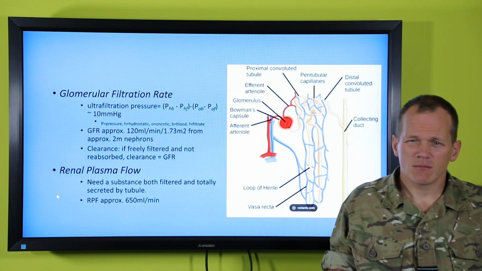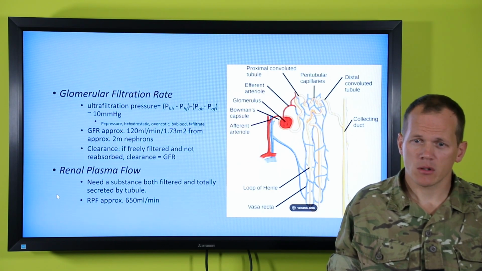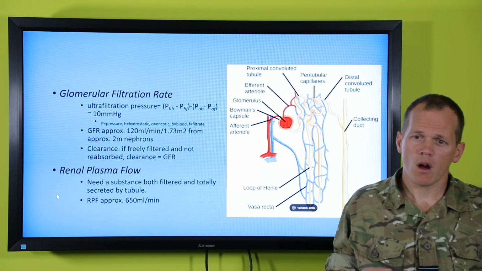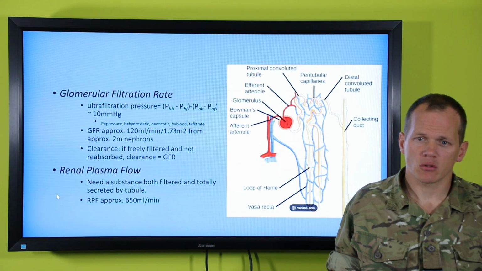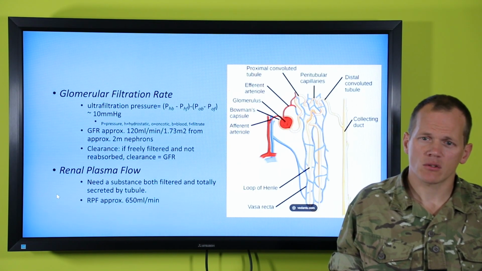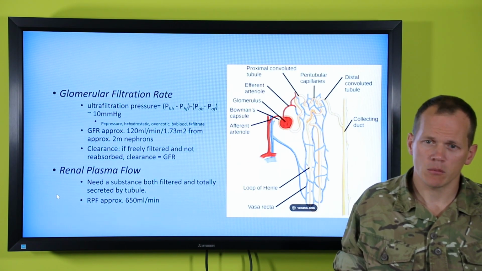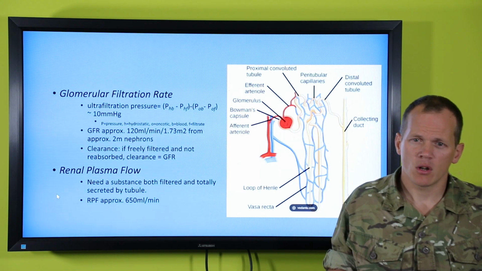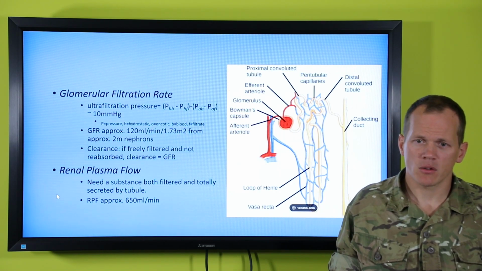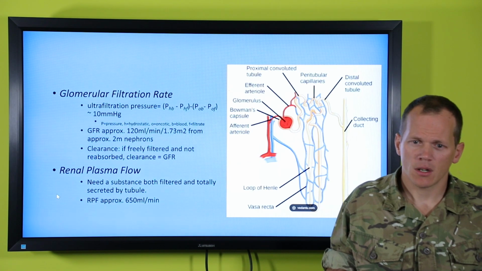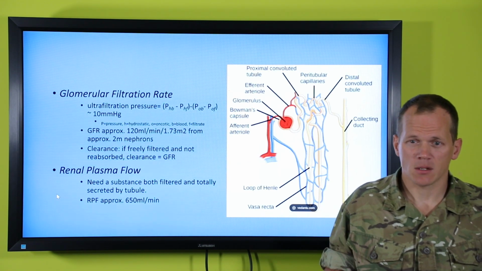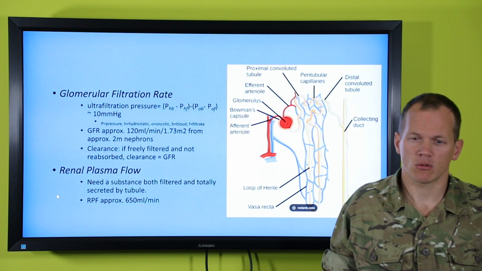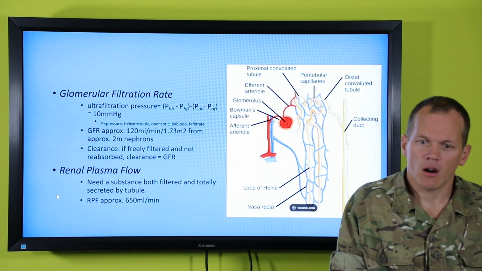And that is roughly true of a molecule like creatinine, which is why we use creatinine to give us a measure of renal function. But it's not entirely true because creatinine is also secreted by the tubules, which makes it slightly more complicated as opposed to a true measure like inulin, which was in the textbooks as the gold standard measure of GFR. So that's how we measure GFR.